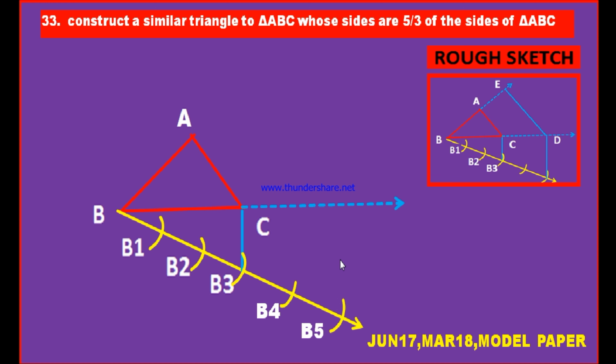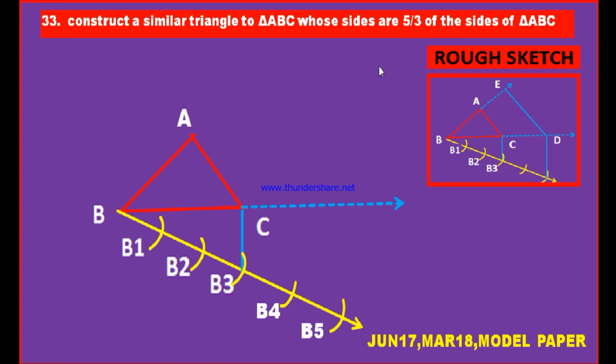Why should you draw it passing through B5? Because the numerator is 5. First of all, after the construction of the ray, you have to keep the number of arcs equal to the maximum number in the fraction. Either it may be in the numerator or in the denominator. As 5 is the maximum number, we took 5 arcs. And later, go for the denominator.